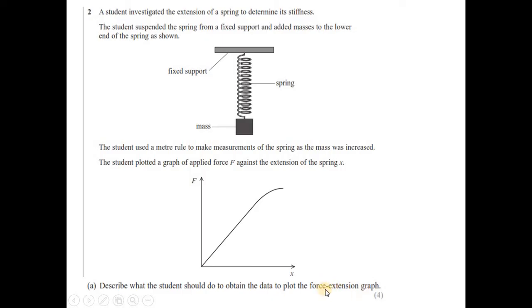So you need to basically describe the plan to take the measurements. You can say that first of all, the student should measure the original length, the unextended or unstretched length L0, and then keep adding various weights and note down the final length L. The difference between these two lengths will give the extension.